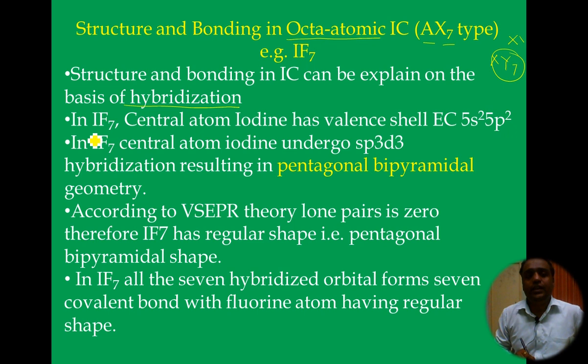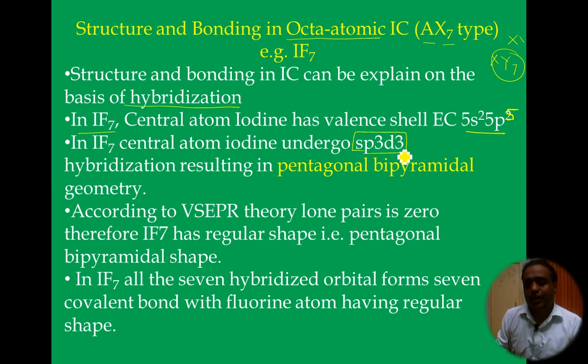In IF7, the central atom iodine has the same valence shell electron configuration, 5s2 5p5. In IF7, the central atom iodine undergoes sp3d3 hybridization. Now sp3d3, why?